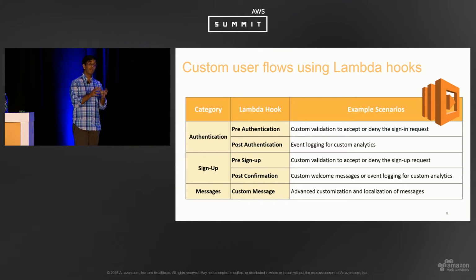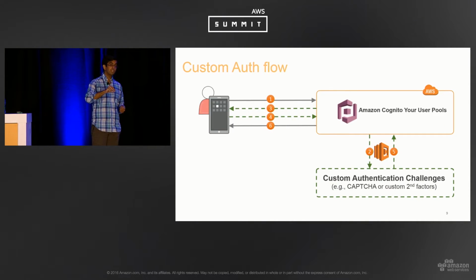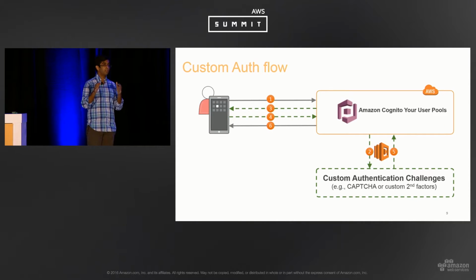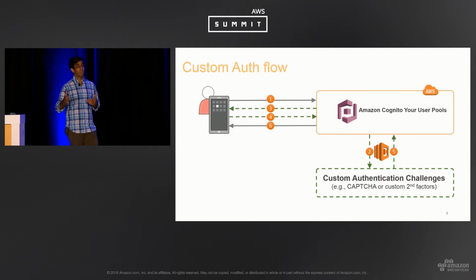Now you can actually also customize the actual authentication event. From a tactical perspective, what this allows you to do is add custom challenges in band to that authentication event. Say you have a business requirement to add a CAPTCHA challenge to make sure that bots aren't signing into your application. You can use this flow to implement that CAPTCHA challenge.